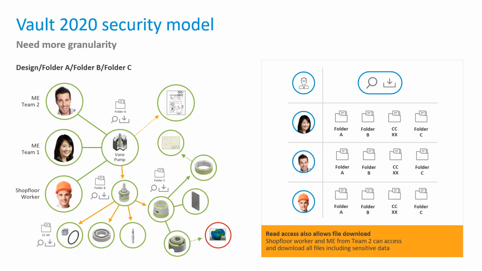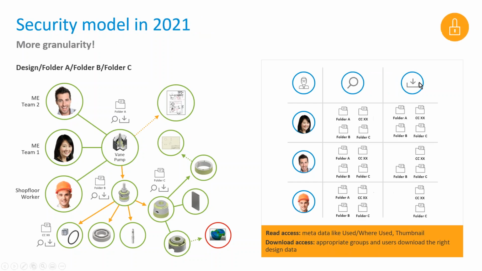Because of the security model prior to 2021, not only would they be able to see folders A and B, but they'd be able to download any of the files in those folders. That's just the way it worked, right? Read equals download permission. Well, with 2021 now, they're separate. Now we have different permissions for read and download.